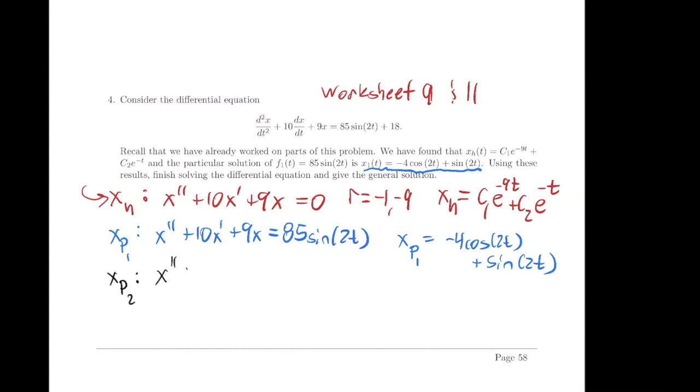And then we do the same for the forcing function of 18. This was the very first one that we took a look at. And since the forcing function was a constant, the particular solution was a constant. And so now the general solution would be the sum of those 3 pieces.